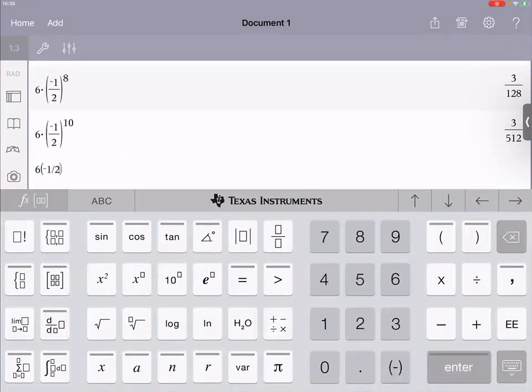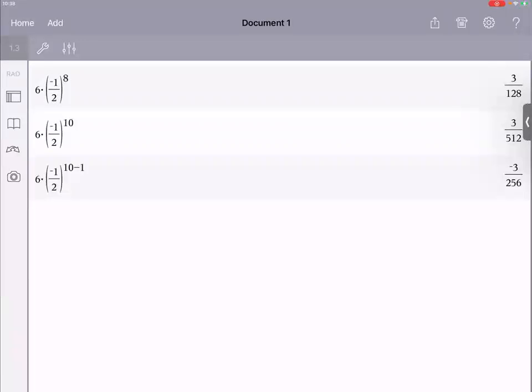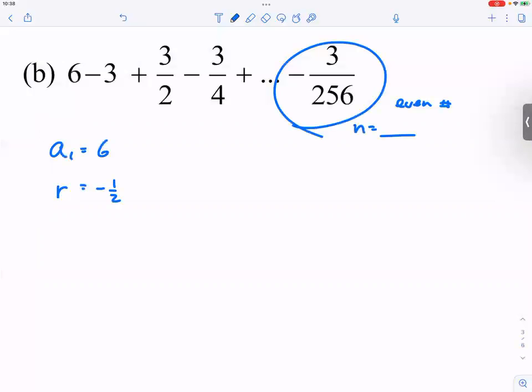It should be -1/2 raised to the power of, in this case, 10 minus 1. The n is 10 in this case. So we cheated, and we know the answer, and it's equal to 10. But now, if we don't guess, can we find out how it is 10?